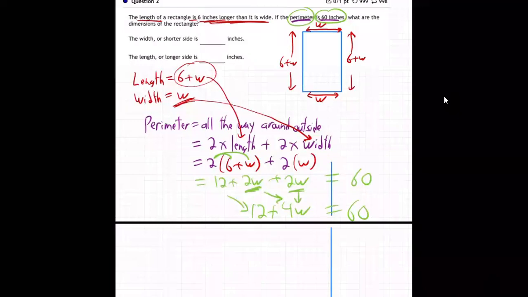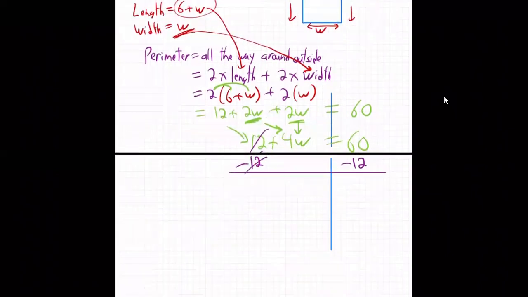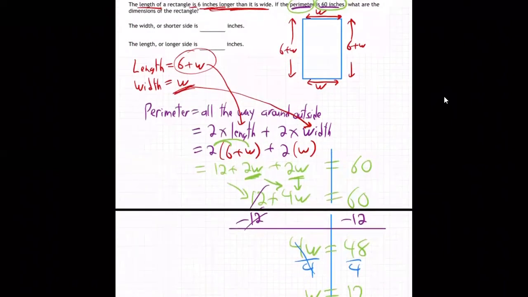Okay, now we gotta solve for W. And what do we got? 4W is 48. 48 divided by 4, W is 12. So we got the width. So the width is 12. Bring that up here. Width is 12.